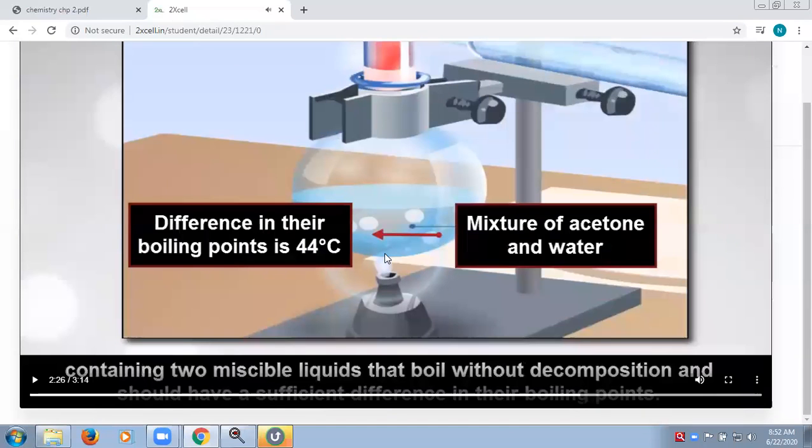Now, remember, difference in the boiling point should be greater than 25 degrees Celsius. Equal to or greater than 25 degrees Celsius. Here, in case of water, and acetone, the difference in the boiling point is about 44 degrees Celsius. So we can easily, more than that, we can easily separate the components.